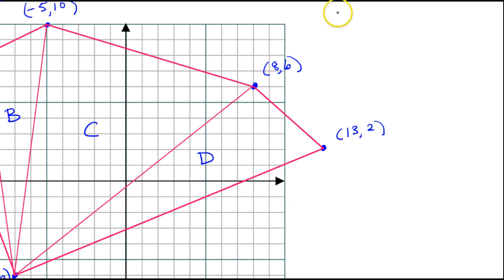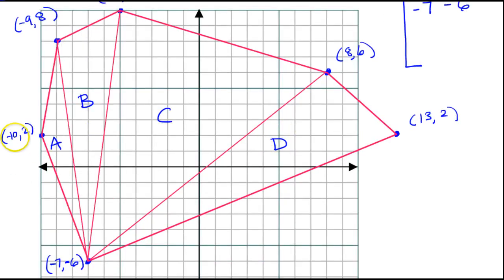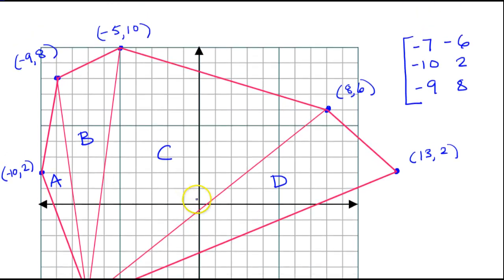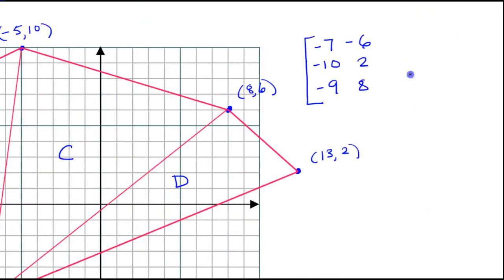So I could make a matrix by putting -7, -6, and then -10, 2, and then -9, 8. All right, those are the 3 vertices of triangle A. I need to make a third column that just has the number 1 in it. 1, 1, 1.